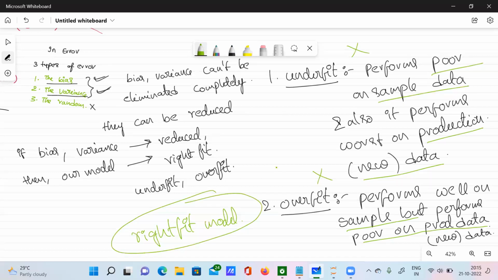So if we want our model to be in the right fit scenario, we need to minimize the bias, and we also need to minimize the variance as much as possible. Then only will our bias and variance error get reduced, and finally our model becomes the right fit model.